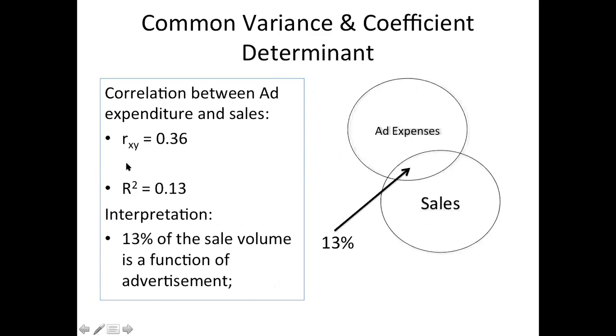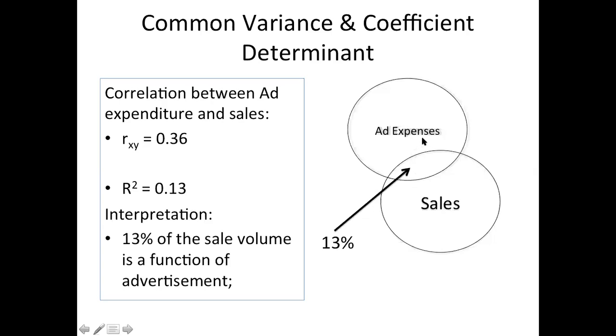When we square this result, minus 0.36, we have 0.13. So the interpretation of this coefficient of determination is that about 13% of the sales is a function of advertisement.